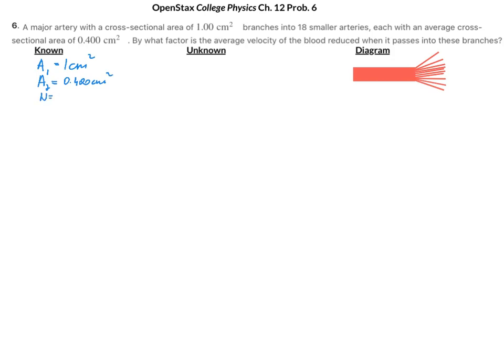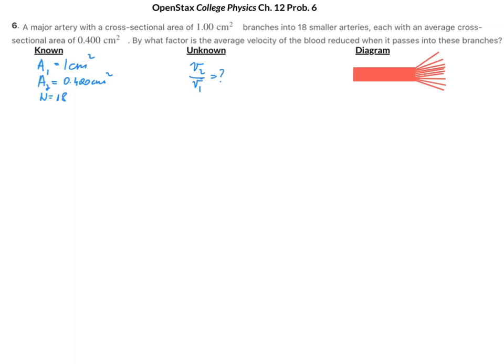And there are 18 of that. What we're looking for is what factor the average velocity of the blood reduces. So we're looking for V2 over V1.